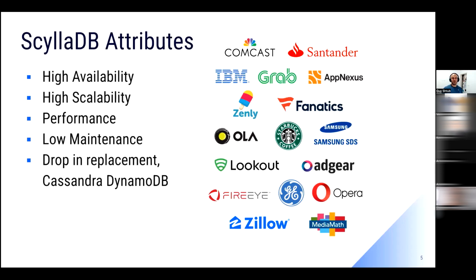ScyllaDB is a NoSQL distributed database. It's open source, and we have a few different options for how to use it. Some of the main attributes of the database are high availability, and that means that, as I mentioned, it's distributed.